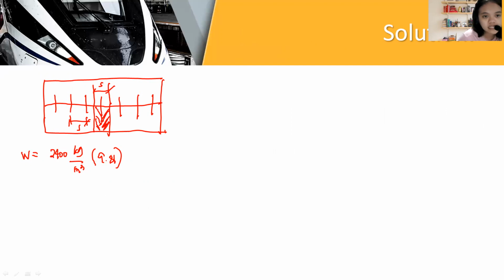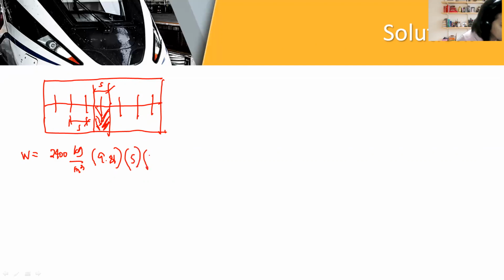Then, multiply natin siya dito sa area. Sa area nito. So, meron tayong sa area niyan, if meron, or volume, para makuha natin yung weight, yung point load na kailangan natin. So, volume, dapat yan yung S.